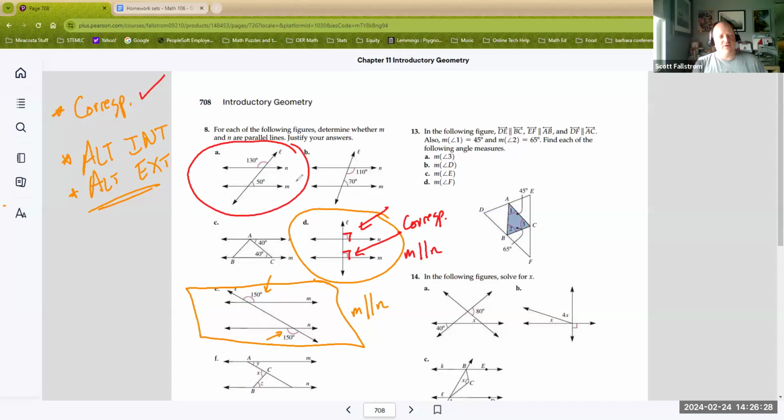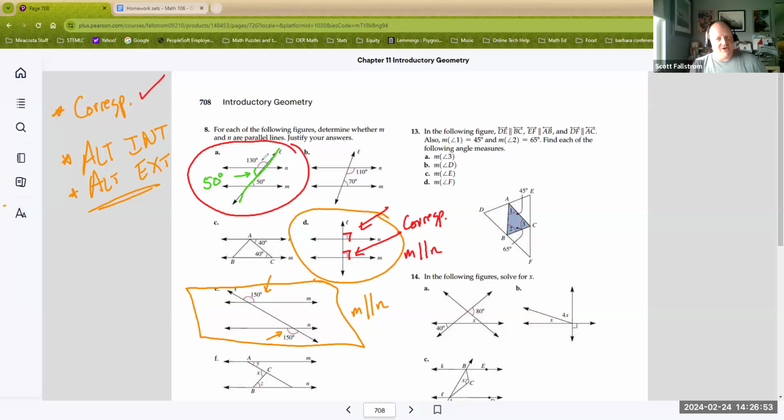A might be one of the more, I guess, a little bit trickier, but that's because you have a 130-degree angle and you have a 50-degree angle. So what you could do is say, wait a minute, line L is a transversal. So I actually know the angle right next to the 130 has to be 50 degrees because it is supplementary. They make a straight line.